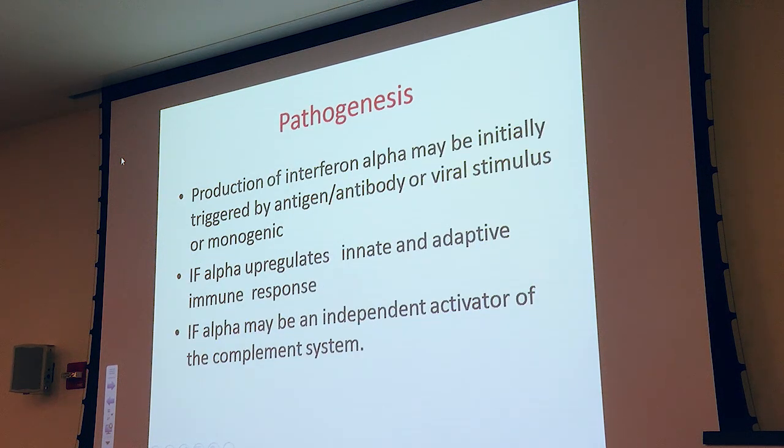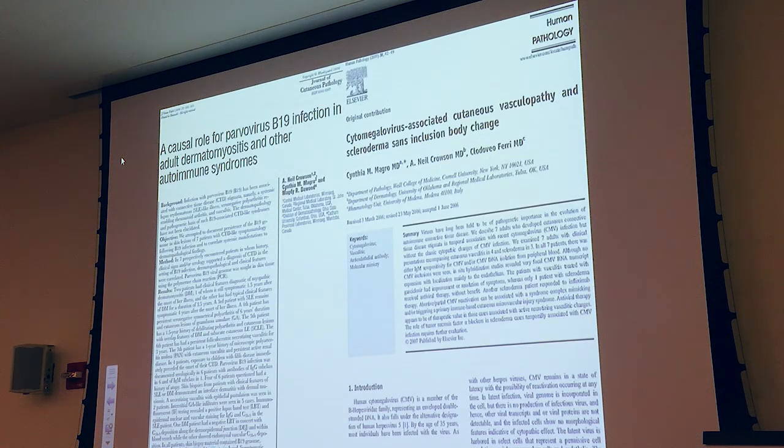And the other issue is, once we've established what the trigger is, then to look at how it actually activates complement. So over the years, actually many years, I've had an interest in endothelial tropic viruses in the propagation of autoimmune disease, including dermatomyositis, lupus, and scleroderma, focusing primarily on parvovirus B19 and cytomegalovirus.